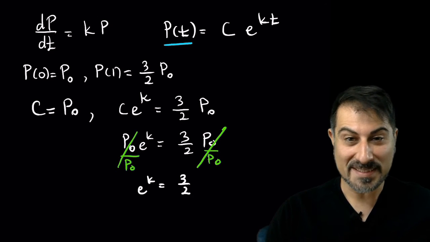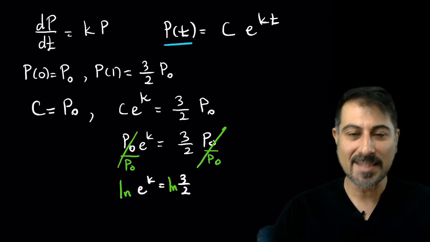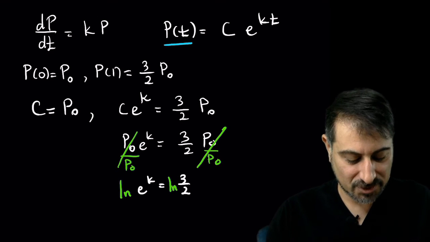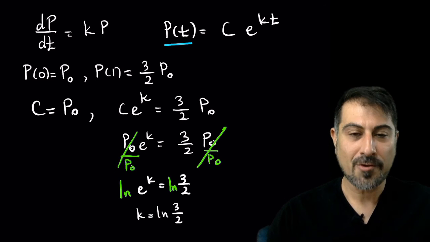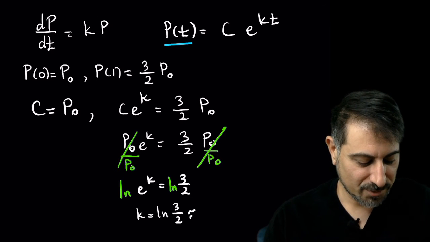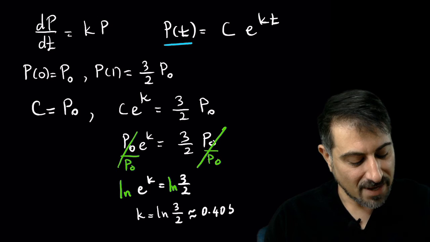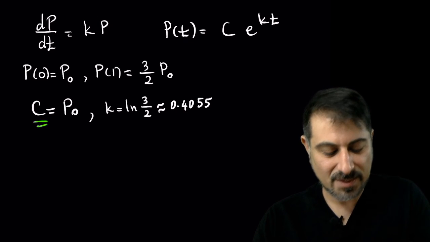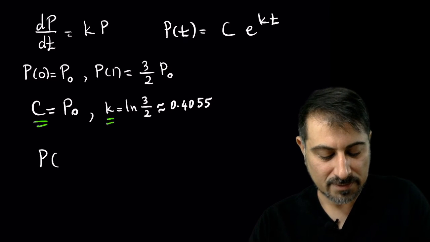To determine k, we take the ln of both sides. ln e to the k is just k times ln e, which is just k. The right-hand side is ln 3/2, and this is approximately equal to 0.4055.